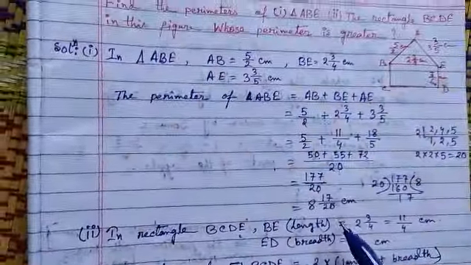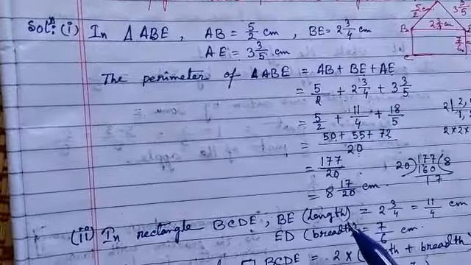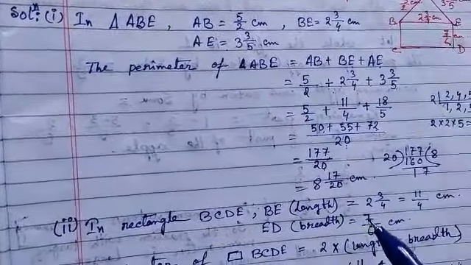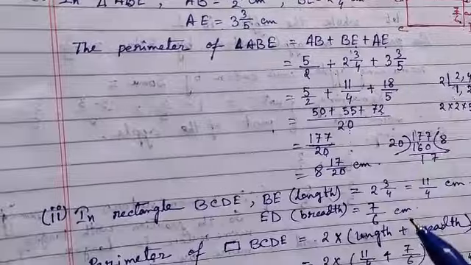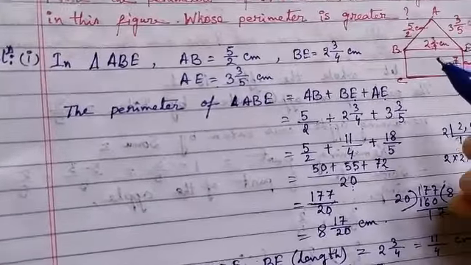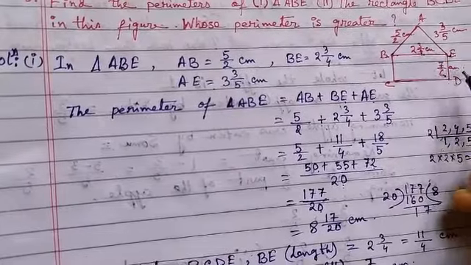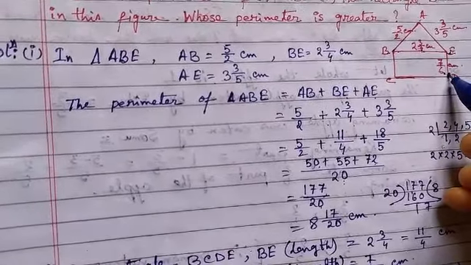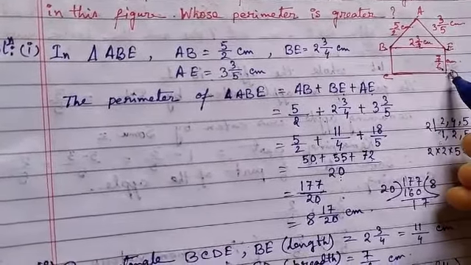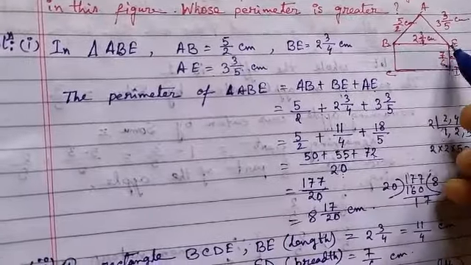Now second one, rectangle BCDE perimeter. Perimeter formula is 2 into length plus breadth. Here in the figure length is 2 whole 3 by 4 centimeter and breadth is 7 by 6 centimeter. This is breadth ED and length is BE.